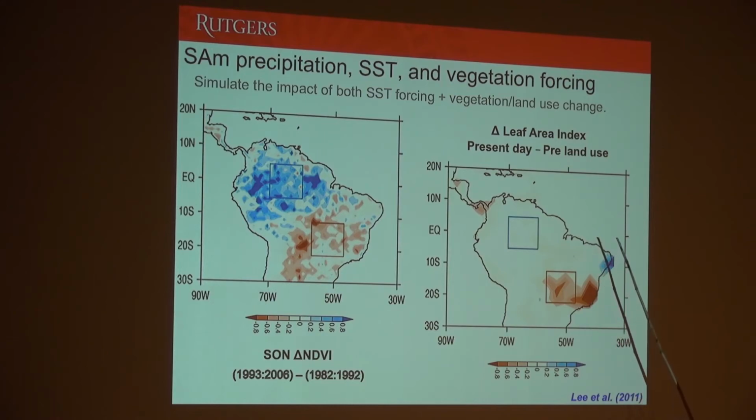And then in the model experiment, just trying to isolate what the role of vegetation might be more specifically, Jung-Yoon computed the change in leaf area index. Where you have that strong reduction in precipitation over the southeastern part of the continent is where there's been a strong reduction in leaf area index.